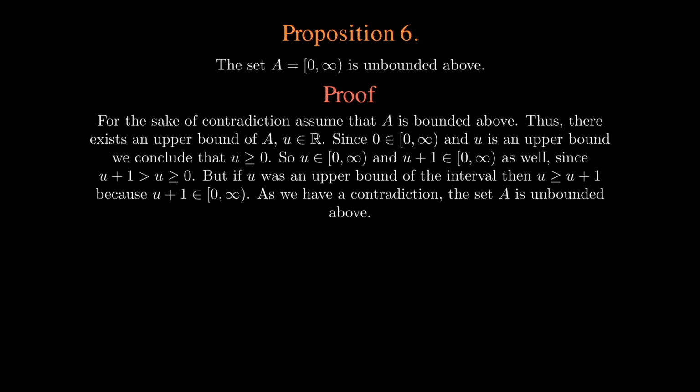Thus, u plus 1 will also be in the interval, since u plus 1 is greater than u, which is greater than or equal to 0. But, since u is an upper bound, u has to be greater than or equal to u plus 1, since it's in the interval as well. As we know, this is not true, this is a contradiction, therefore, A is unbounded above.